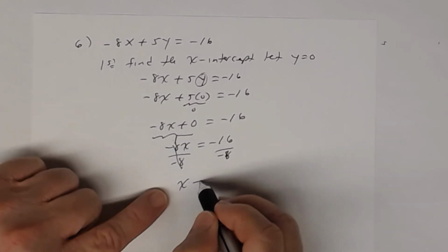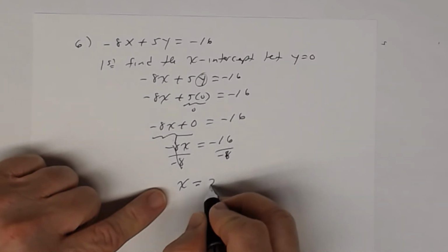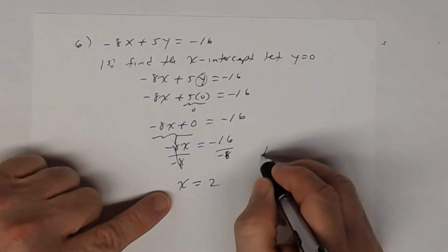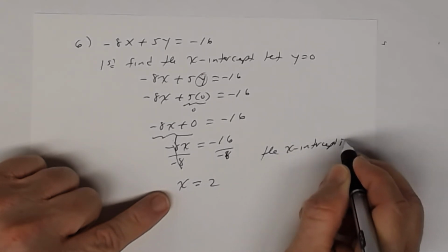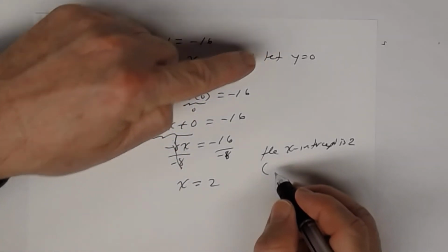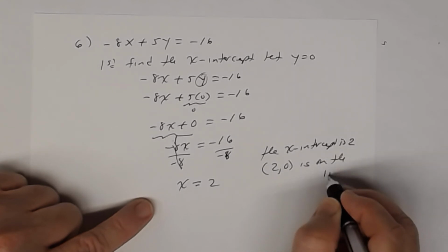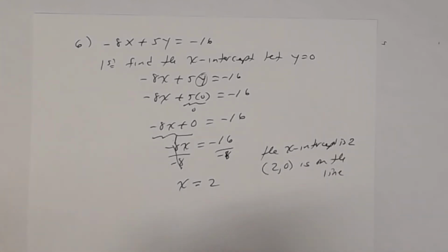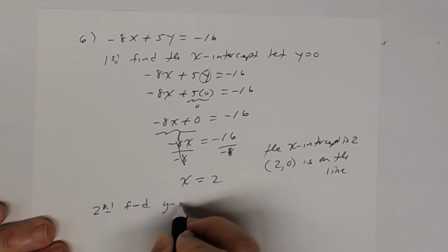You wanted x by itself, equal a negative 16 divided by negative 8 is a positive 2. So the x-intercept is 2, which means the point 2, 0 is on the line.